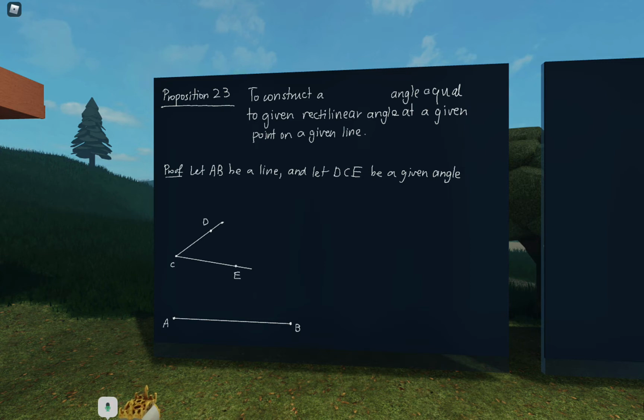We might as well assume that there were two line segments, DC and EC, because we don't need any other part of those lines. And that's the angle which we're required to construct down here. Right? So that's what we're going to do. Okay, so join DE.